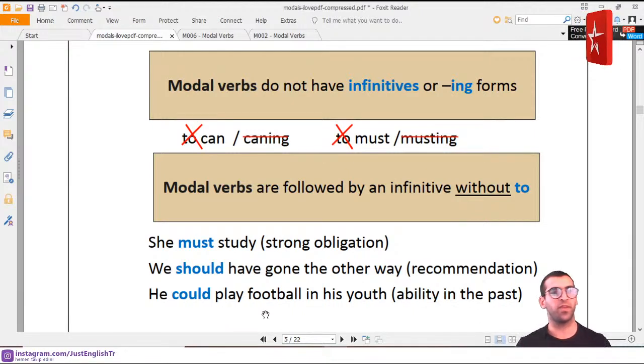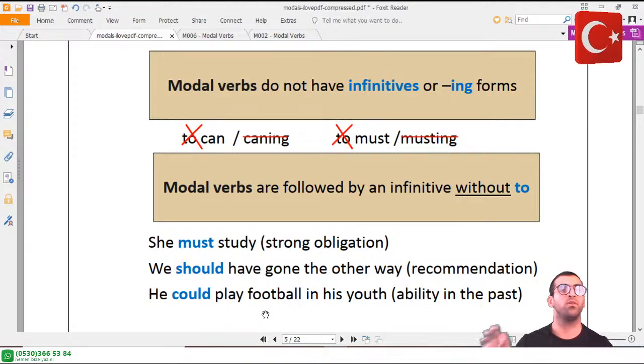This kind of thing is not acceptable in English. So we can't use modal verbs with infinitives, or with gerunds. We shouldn't add ing or to at the end or at the beginning of the word. Modal verbs are followed by an infinitive without to.